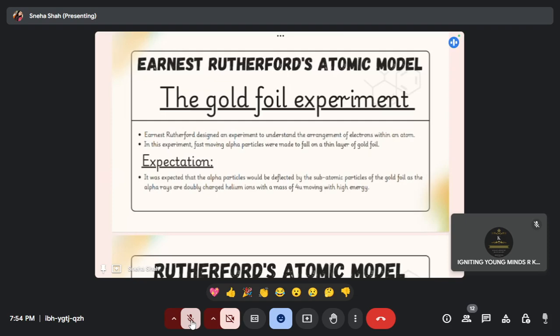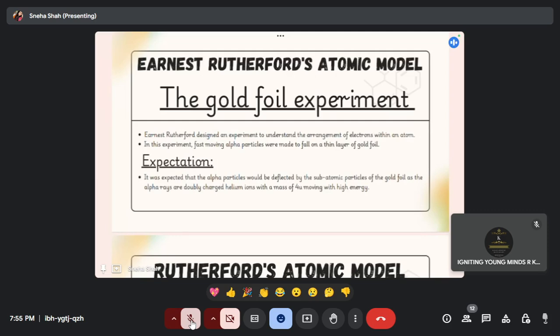And when I am saying only 1,000, understand how many atoms are actually present in a single layer of other metals. Only 1,000 atoms of gold foil generated an extremely thin foil. Why we needed a thin foil was to ensure that the alpha particles are crossing only 1 or 2 or 3 atoms at a time because of that thinness, right?